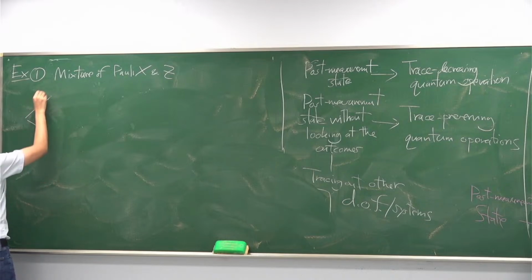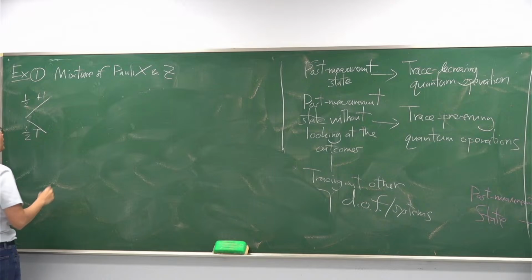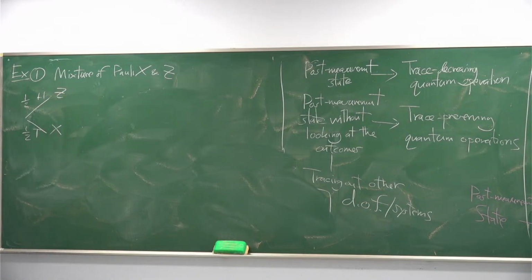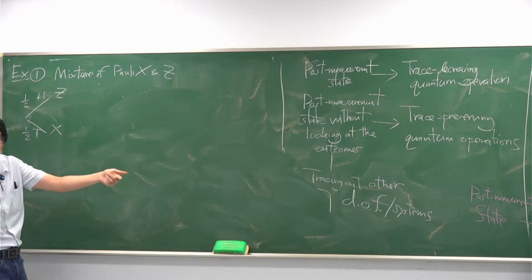So there's probability 1/2 of making the X or the Z measurement. So this corresponds to a four-outcome measurement.